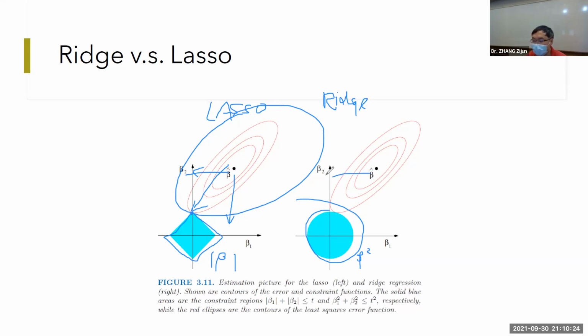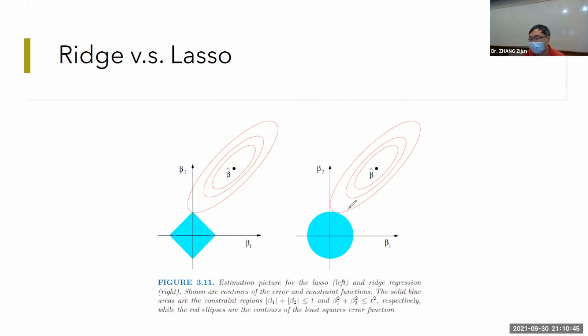So if you move the contour, you cannot have this kind of touching of beta at 0. Based on such a shape, ridge can only minimize beta to infinitely approach zero rather than directly reaching zero.